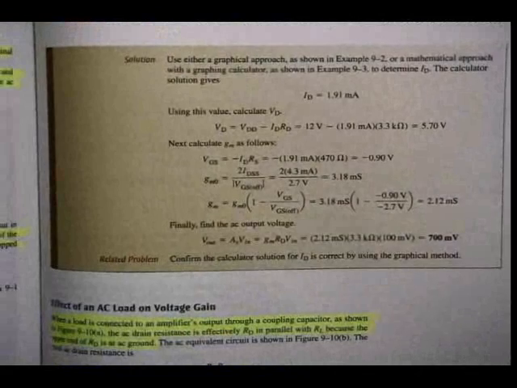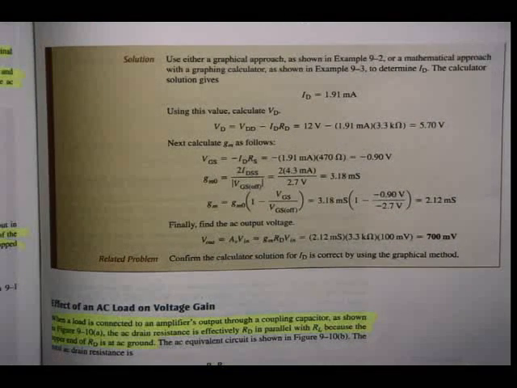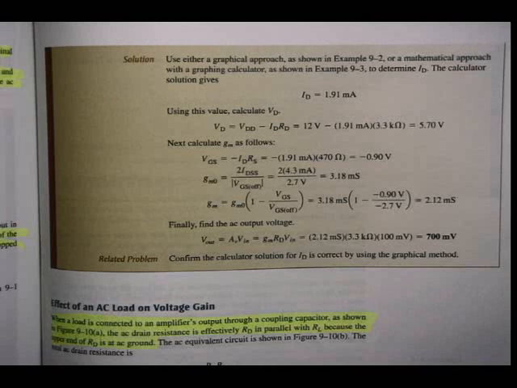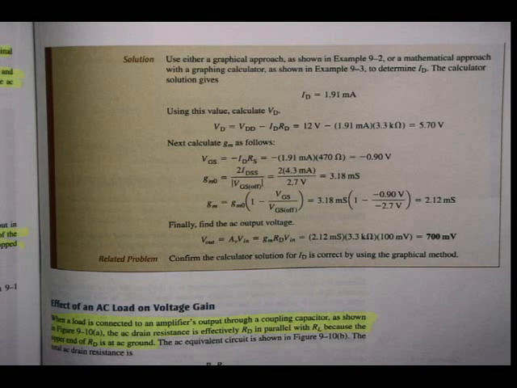On the next page, use either a graphical approach as shown in example 9.2 or the mathematical approach with the graphing calculator, which is not an option for us. They used the mathematical approach with the graphing calculator here in the textbook. Of course, you'll have to go and do the graphical approach. Please make a note.